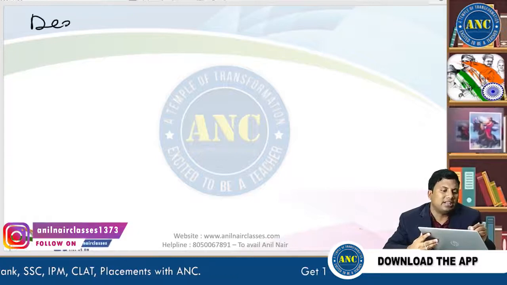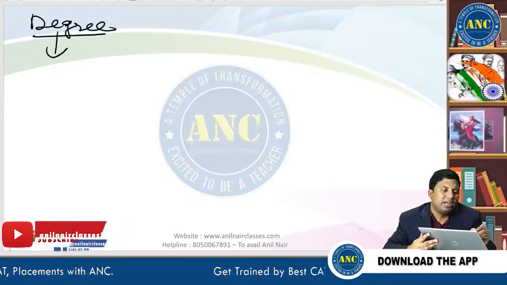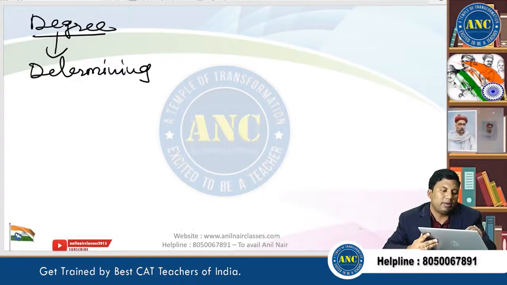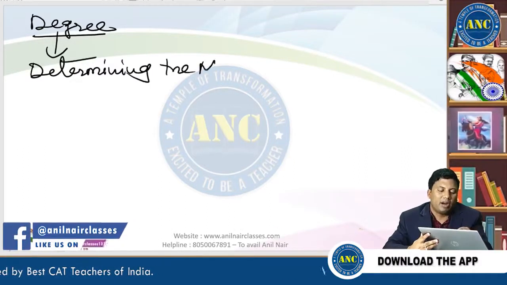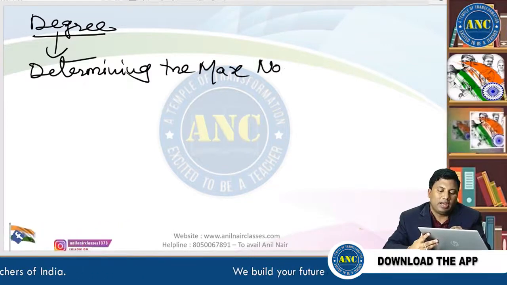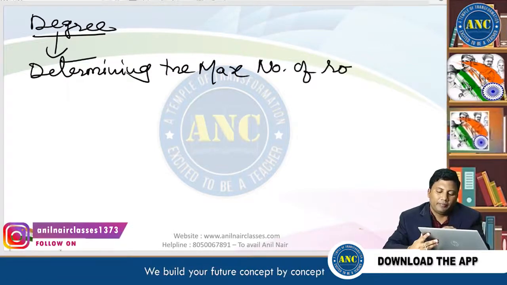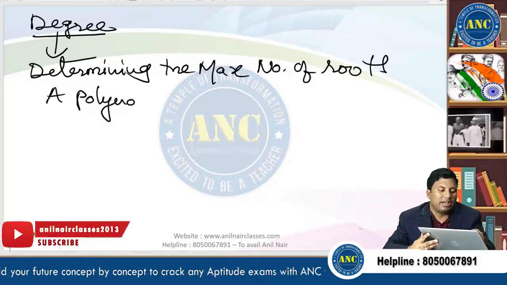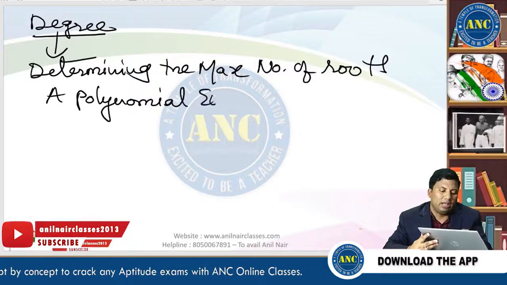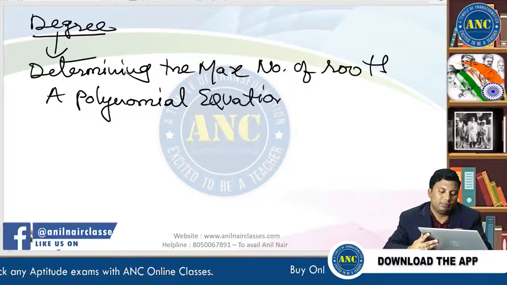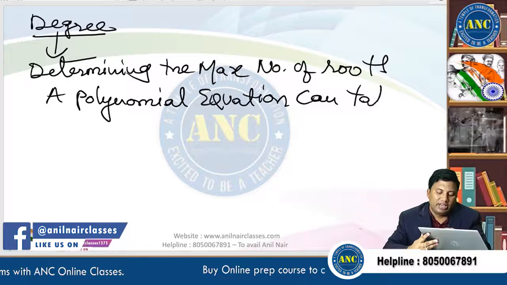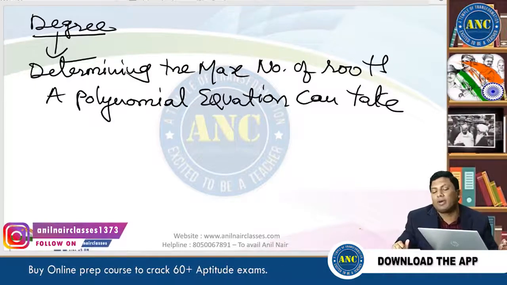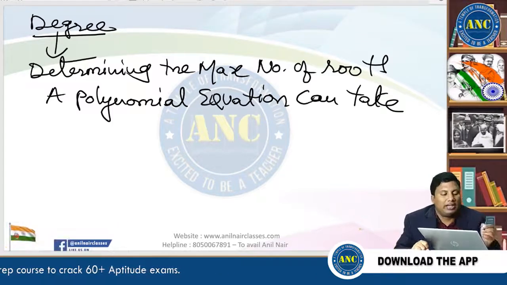What is the importance of this degree? Degree I will discuss in detail in quadratic expression. Degree helps us in determining the maximum number of roots a polynomial equation can take.